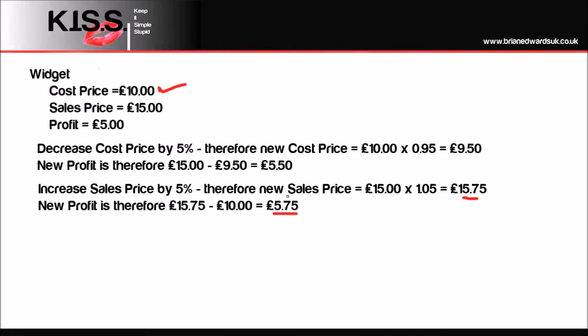What you've seen now, of course, is that £5.75 is a further 25p increase on just reducing the cost price by 5%, and a full plus 75p on the original profit calculation.